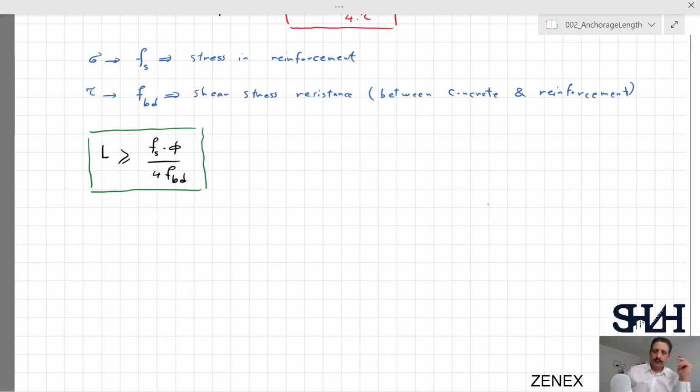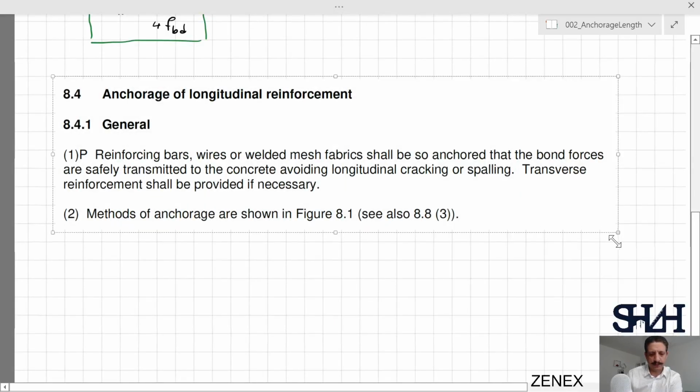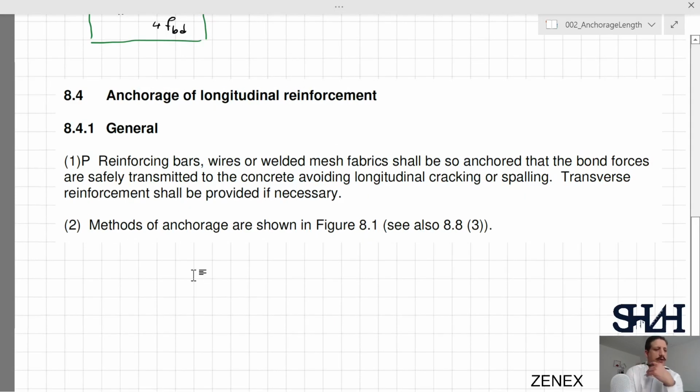Now let's review what Eurocode says. It starts from chapter 8, Anchorage of longitudinal reinforcement, clause 8.4. Reinforcing bars, wires, or welded mesh fabrics shall be so anchored that the bond forces are safely transmitted to the concrete, avoiding longitudinal cracking or spalling.